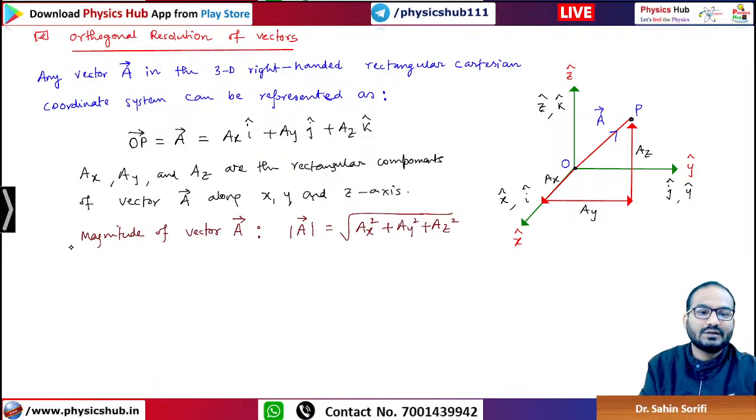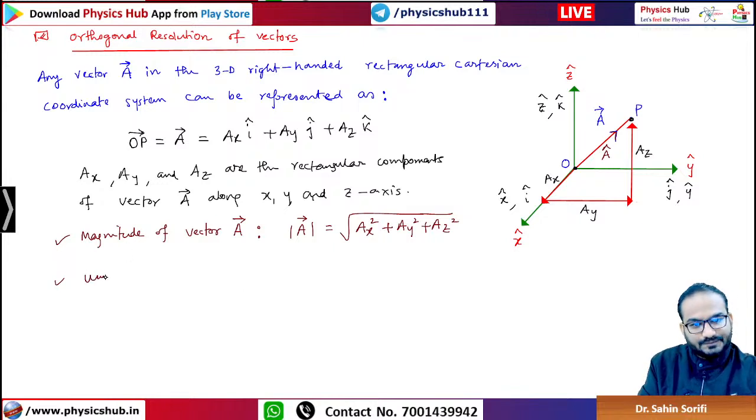Now if I want to calculate the unit vector along the direction of A, it is written as A cap. The basic definition: this is the vector symbol, and this cap denotes the unit vector direction.